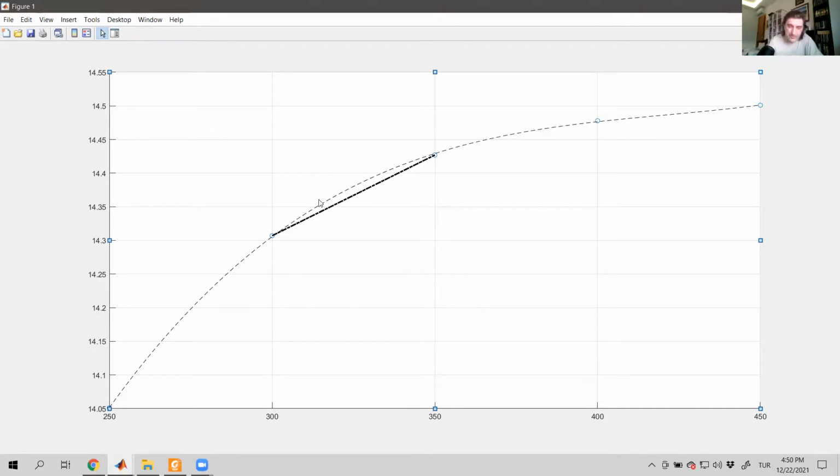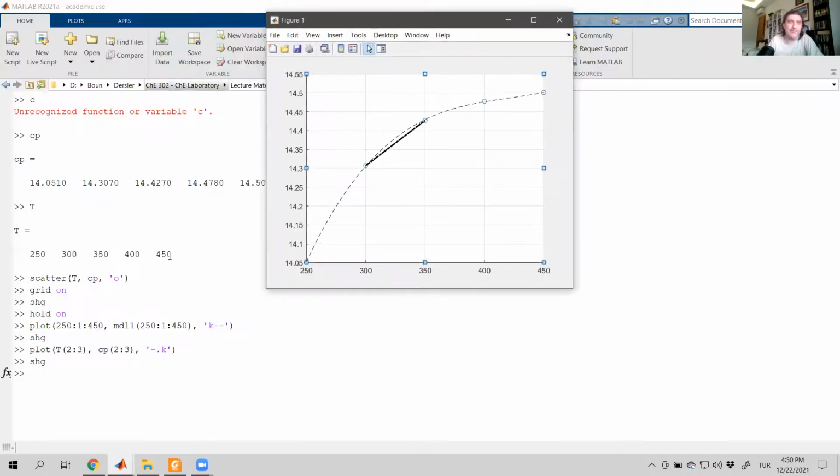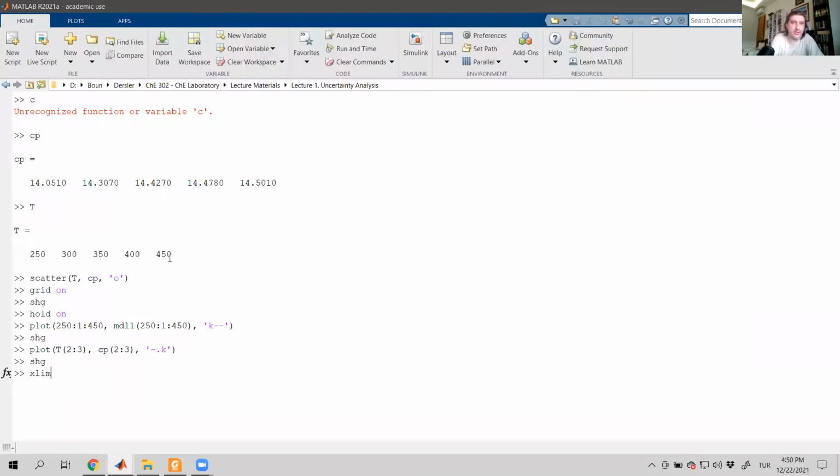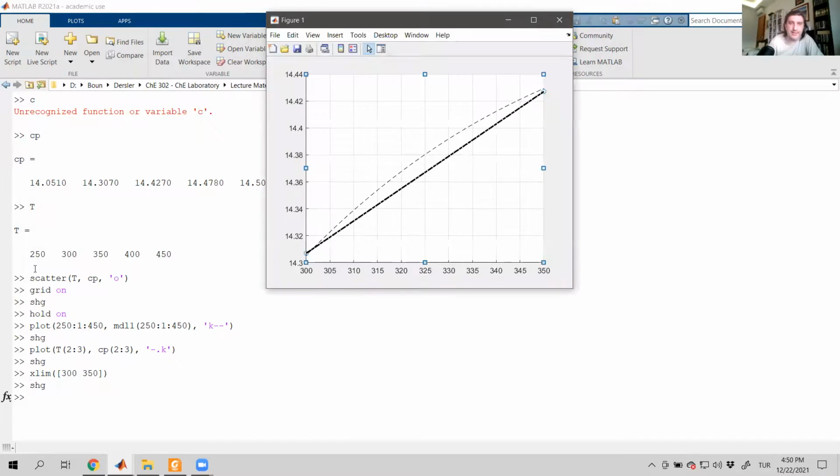Actually, I don't know about these experimental points, but assuming sufficient smoothness of this curve, of this function, I think this third order will be a better approximation of reality. So in this case, if I indeed concentrate on the 300 to 350 region, do that.